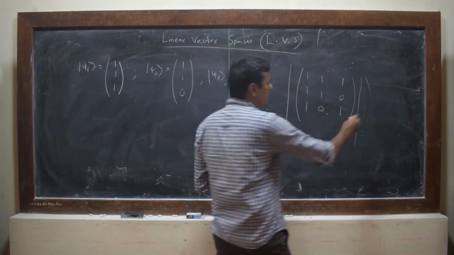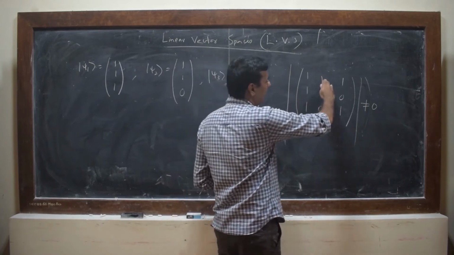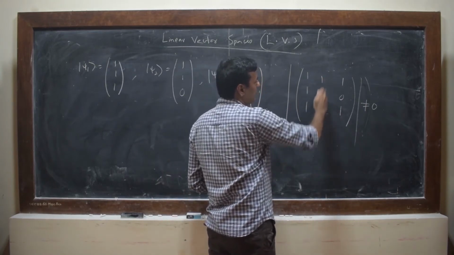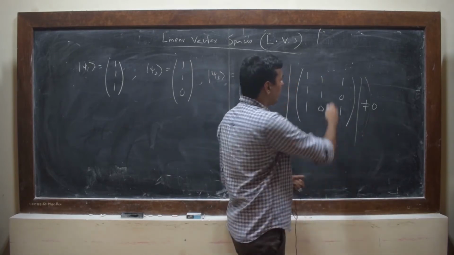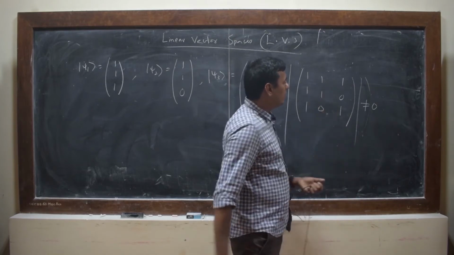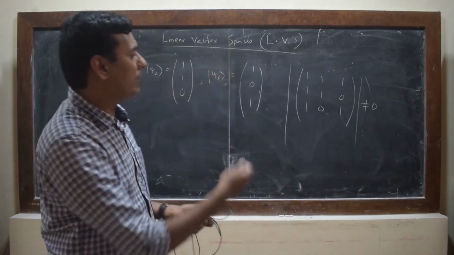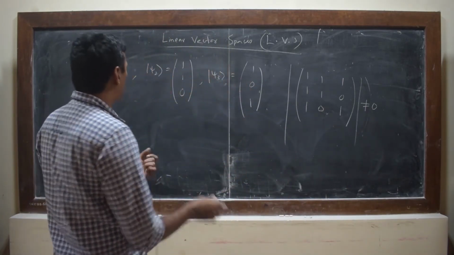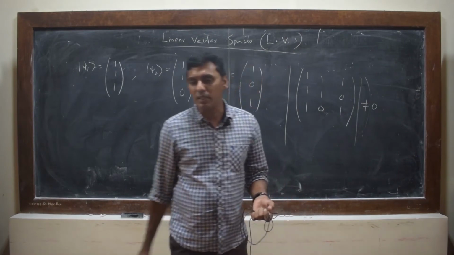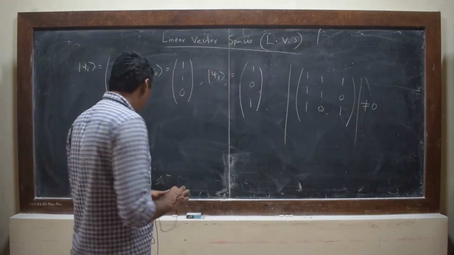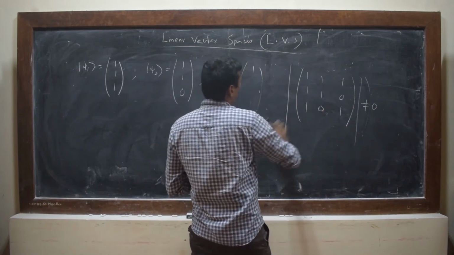If the vectors are linearly independent, then the determinant cannot be equal to 0; if they are dependent, then the determinant must be 0. You can check that this determinant is not 0, so they are linearly independent.